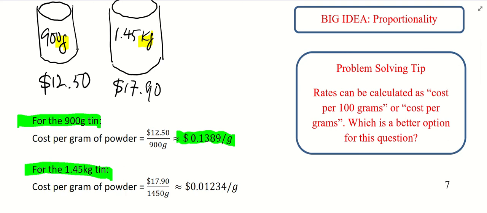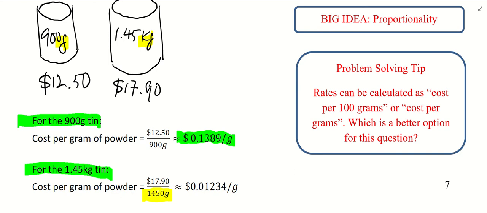I will do the same for the 1.45 kg tin, but bear in mind that I have to convert kg to grams. So I multiply by 1,000. 1.45 times 1,000 is 1,450 grams.